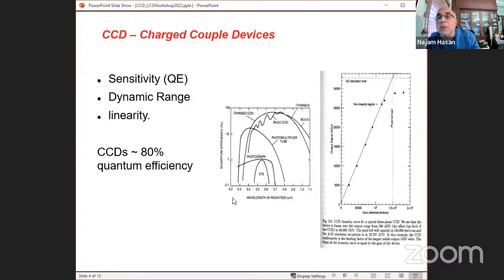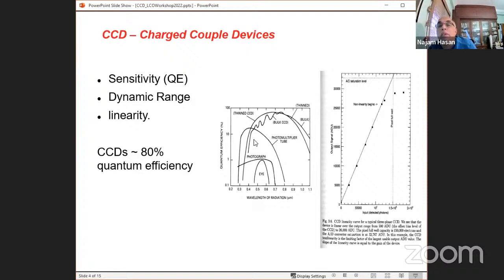So if you can see in this wavelength radiation graph, the eye can record light from, say, somewhere at 4.8 to 6.3 or so, while photographs go from 0.3 to 0.7, and photometer tubes have a larger range.